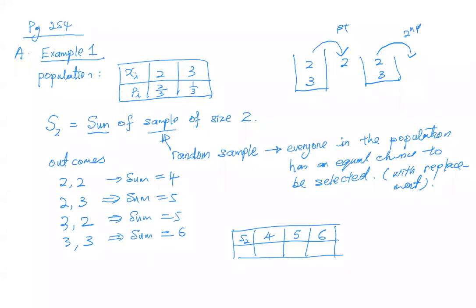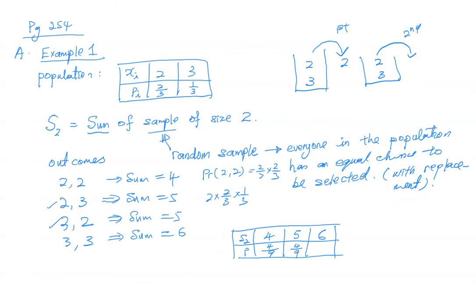So what is the probability of getting both 2? The probability you learned before: 2/3 times 2/3, correct? So this is 4/9. To get a 5, you have both, so it's 2 times 2/3 times 1/3. So the probability will be 4/9 also.